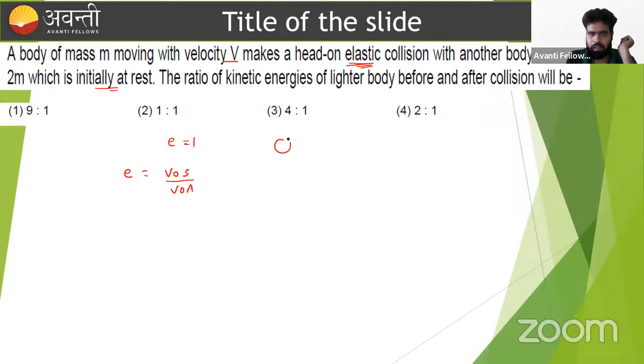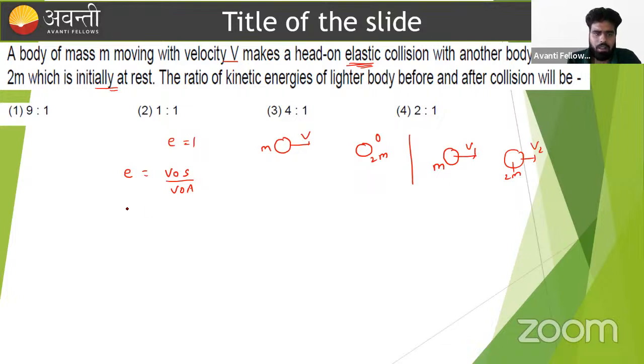We consider the case that the first body, having mass m and moving with velocity v, strikes another body having mass 2m, and the initial velocity of the second body is 0. After the collision, the body having mass m has velocity v1, and the body having mass 2m has velocity v2.